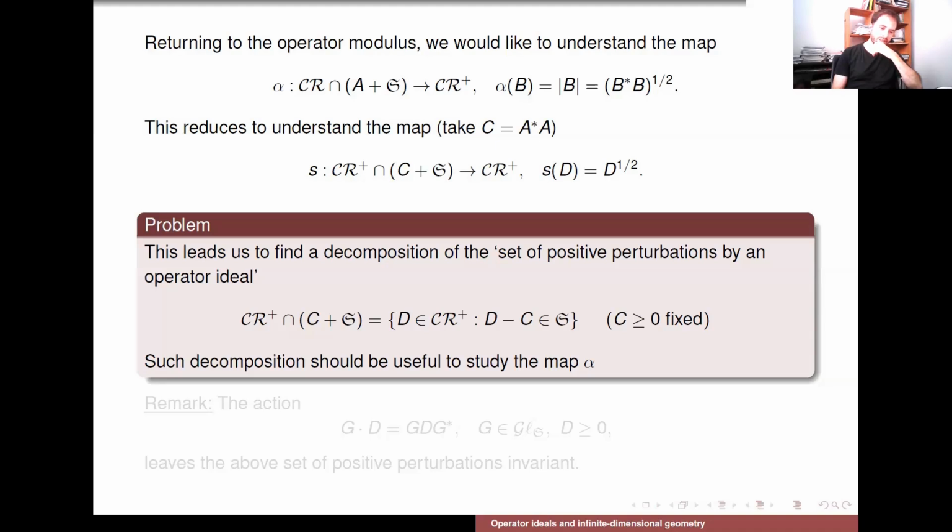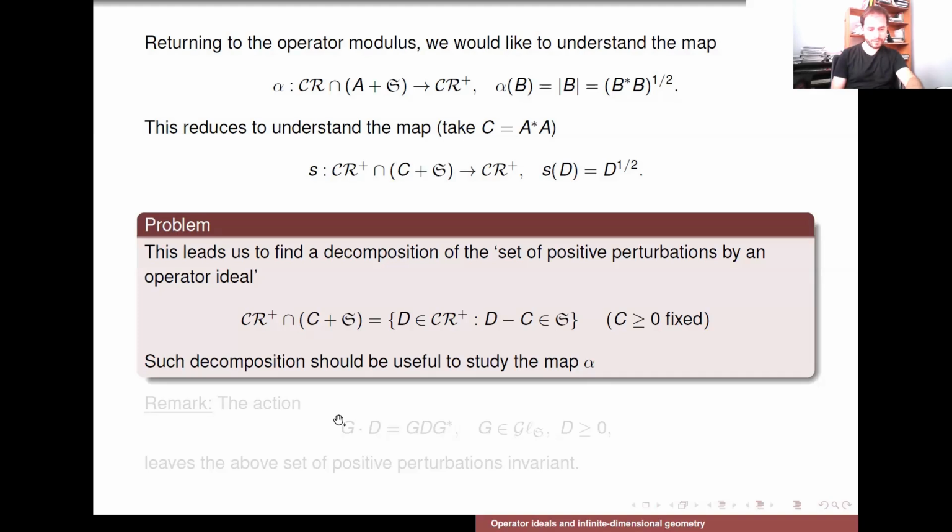We would like to study, in particular, differentiability properties of this map restricted to some sets contained here in the set of perturbations. We would like to know if restricted to some sets, this alpha is real analytic.